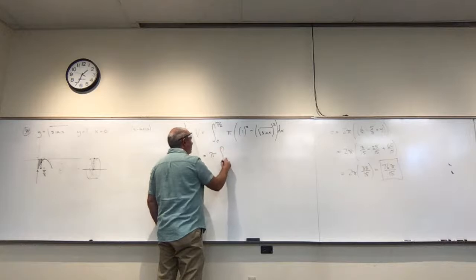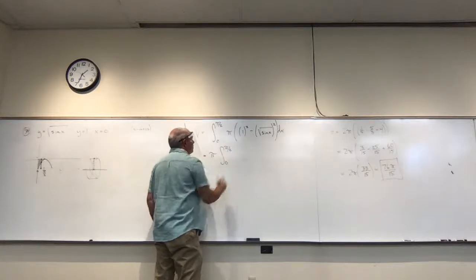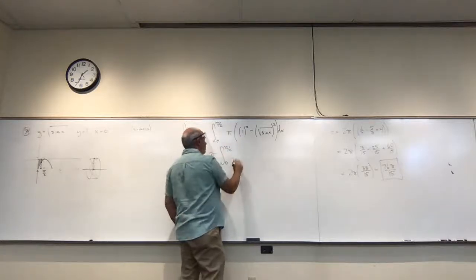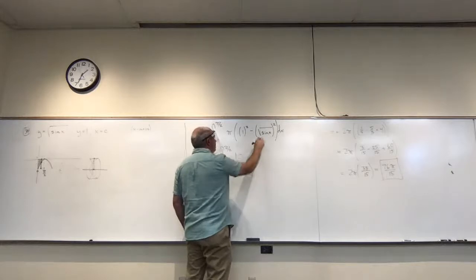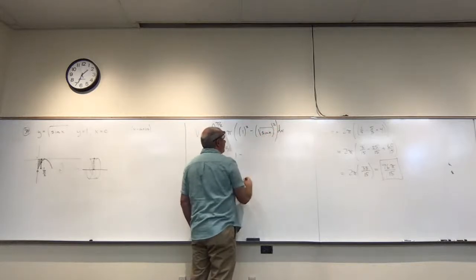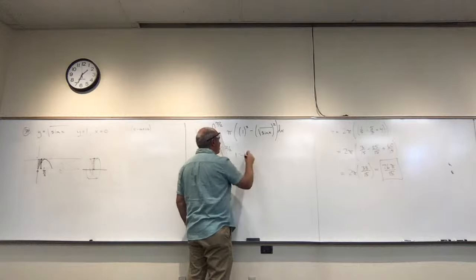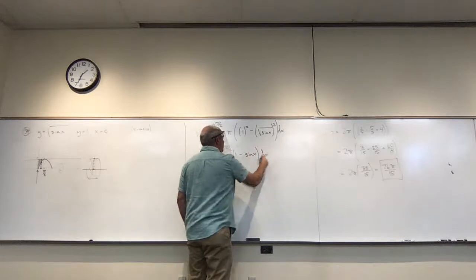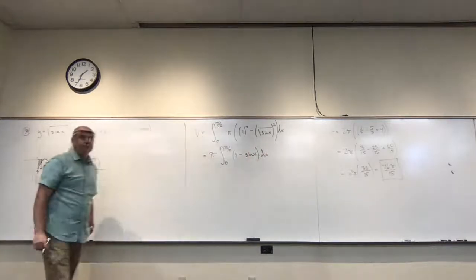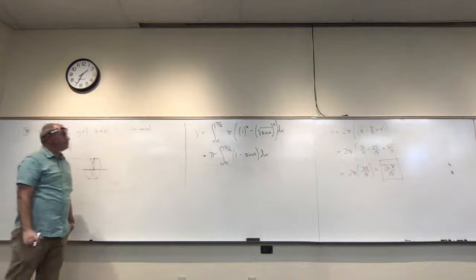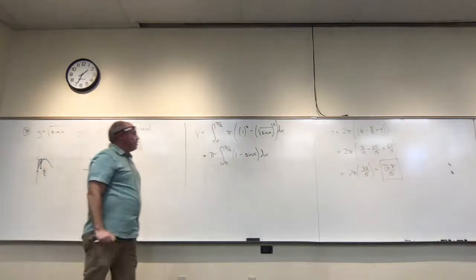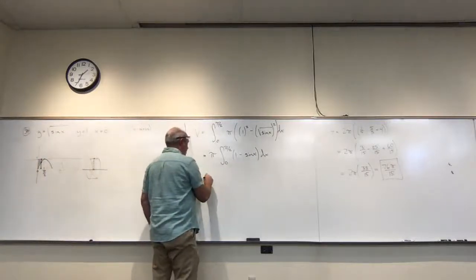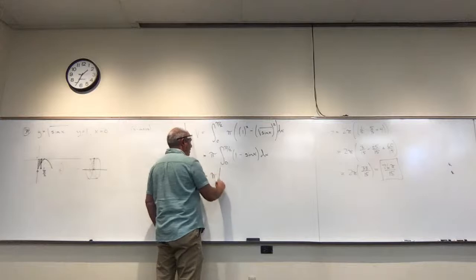I get the integral from 0 to pi over 2 of 1 minus the square root of sine of x squared, which is otherwise known as sine of x, dx. Okay. Which is equal to, the pi stays there.